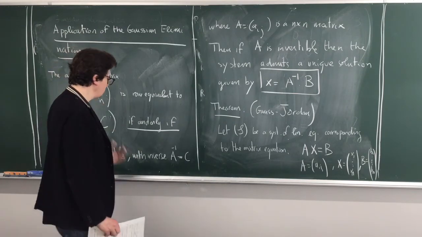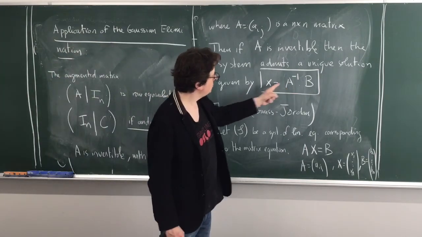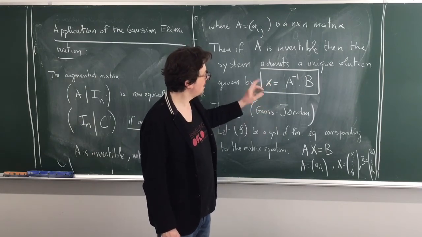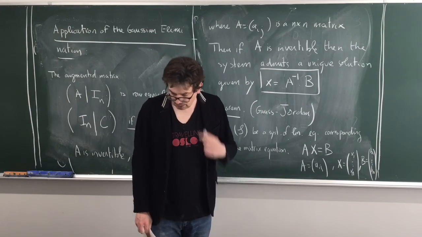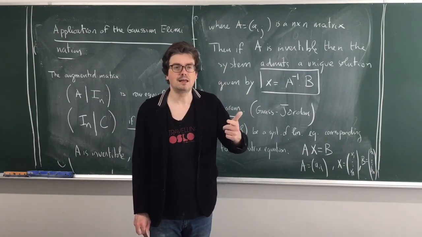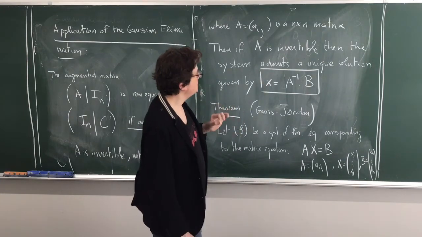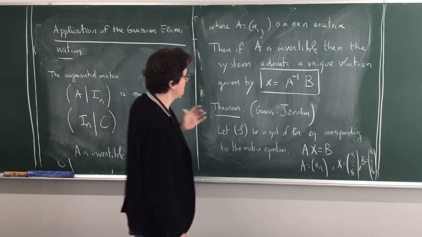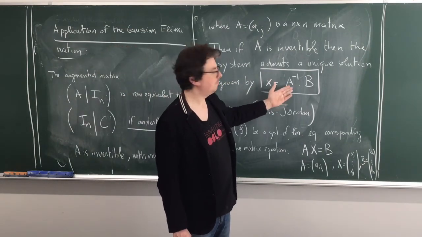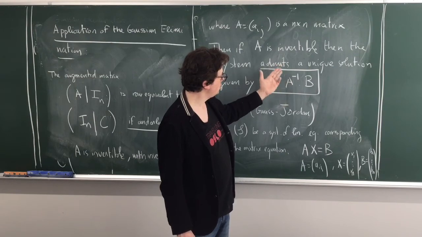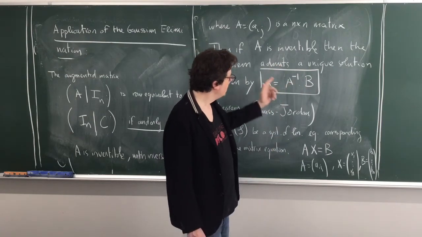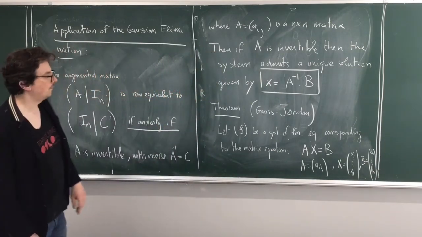Once you have calculated the inverse of the matrix, you will be able to solve your system very easily. Okay, so this gives you a method to solve a system of n equations with n variables, only in this case. And the method is as follows. By the first theorem, I know that the solution will be given by this computation, so I just multiply the inverse of A by the column matrix B. And how do I calculate the inverse matrix?